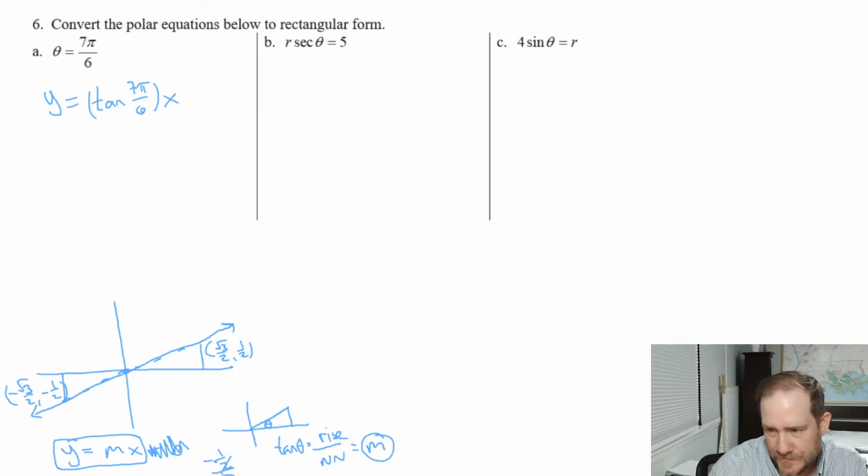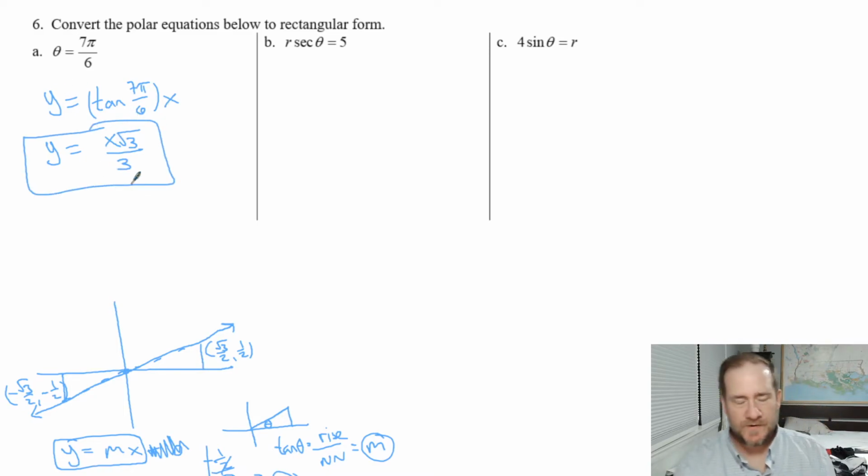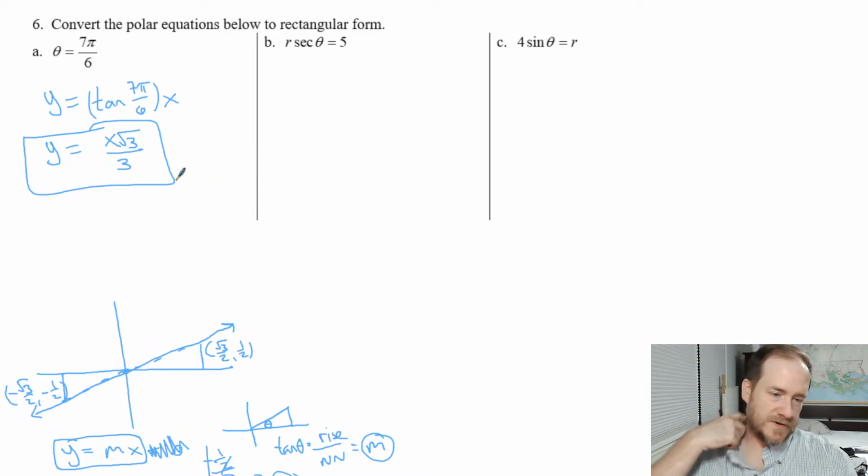So kill the 2's, kill the negatives, you get 1 over root 3, which is really root 3 over 3. So plugging back in, you could give me y is equal to x root 3 over 3. And that's a pretty nice way to express that equation. You've got the slope, everything's good to go.